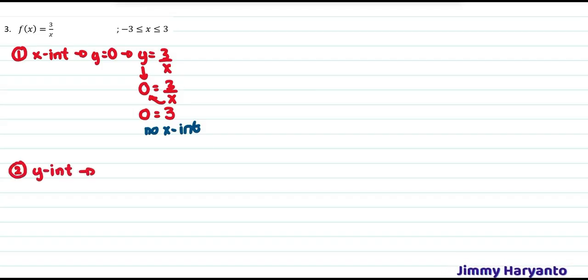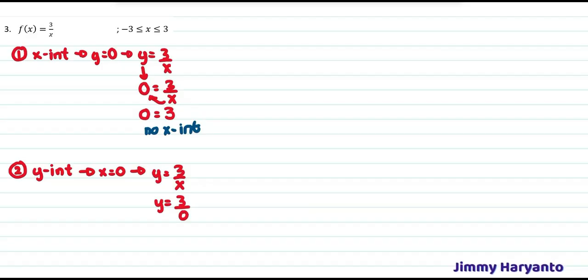And then for the second one, we have the y-intercept. Y-intercept means x equals 0, and that also means y equals 3 over x, y equals 3 over, replace the x by 0. In mathematics, anything divided by 0 is undefined, so this one also has no y-intercept. Why does this function not have x and y intercepts?